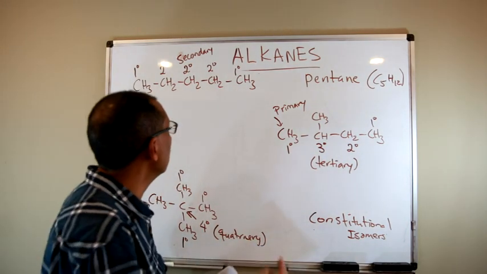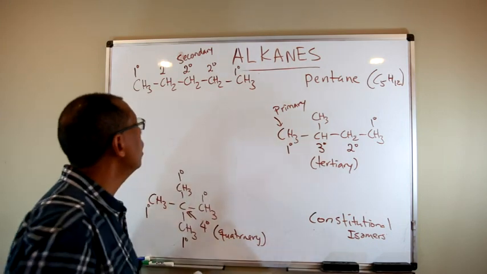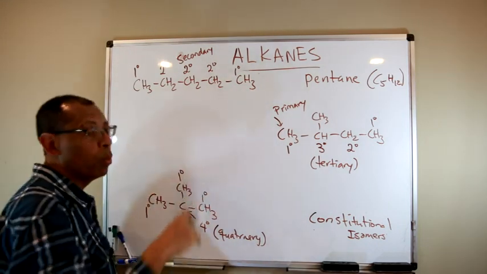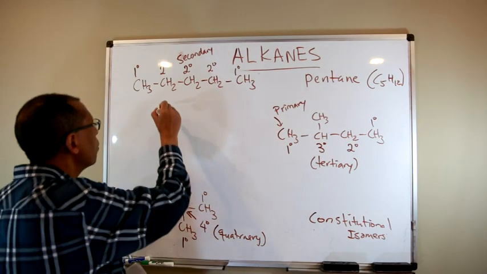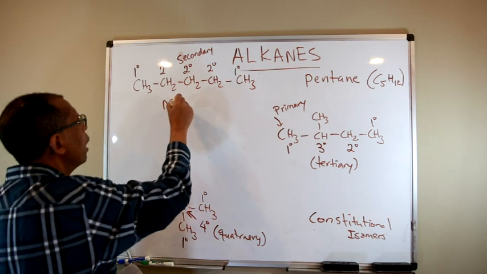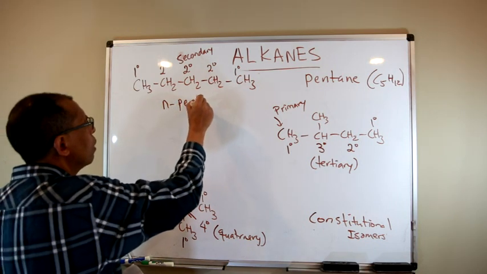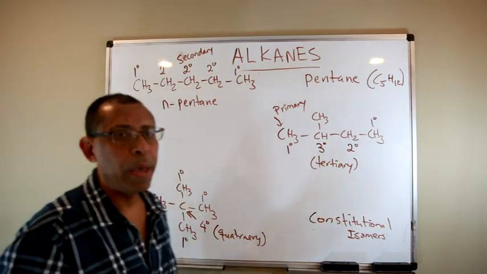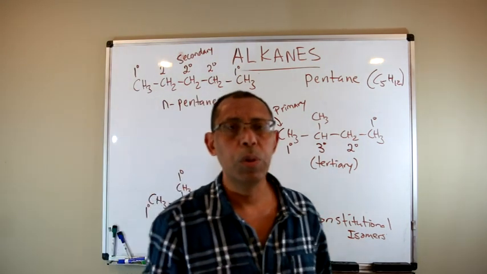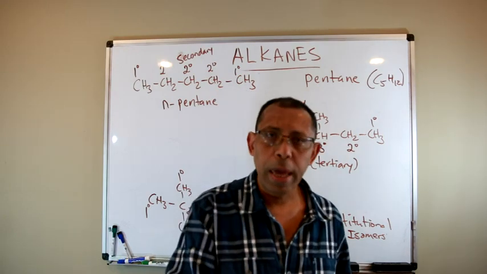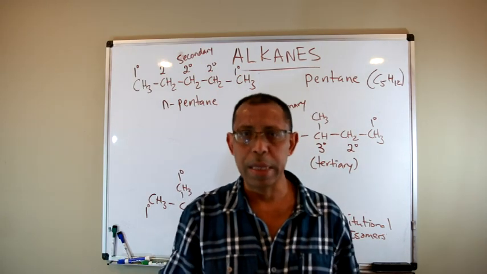One other thing I want to tell you is that straight chains are always called with N, normal pentane. For the straight chain, this is called n-pentane, normal pentane. If somebody tells you normal hexane, normal heptane, normal octane, it means that they are straight chain.